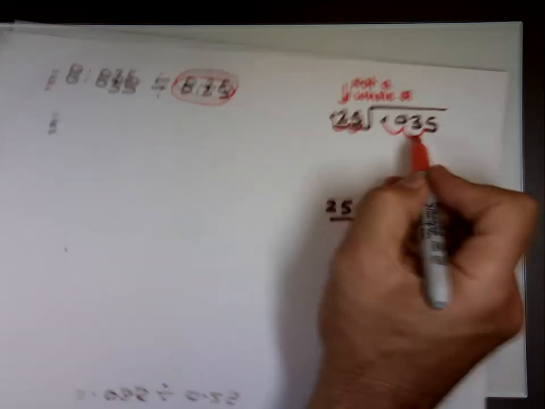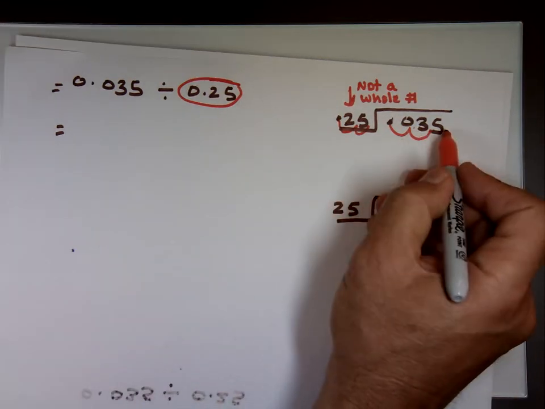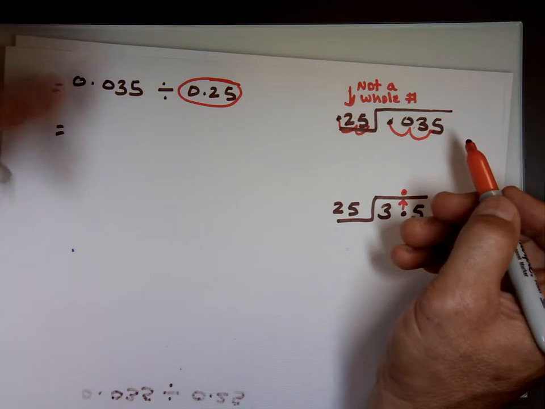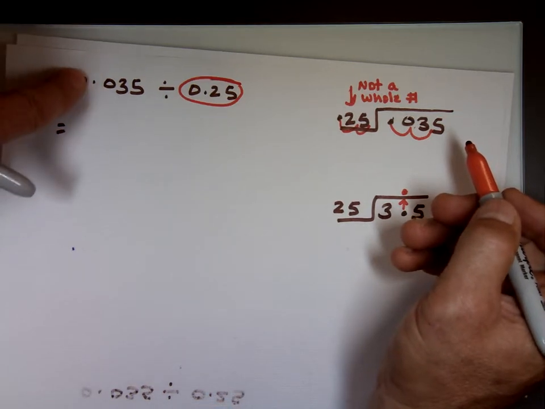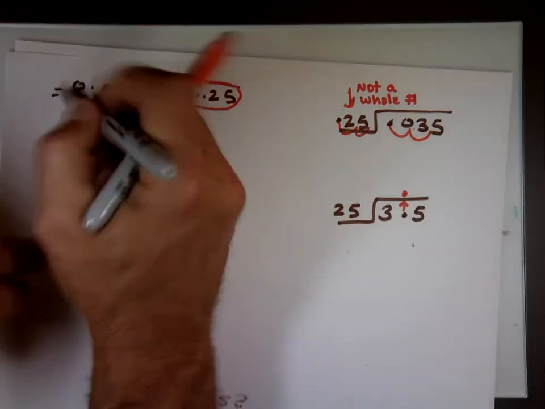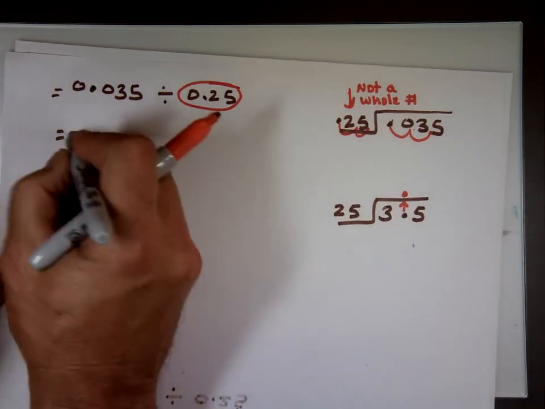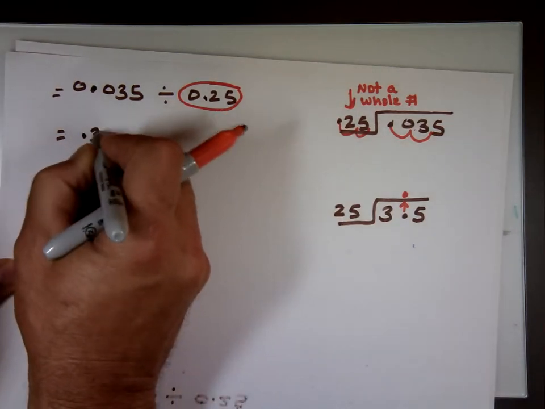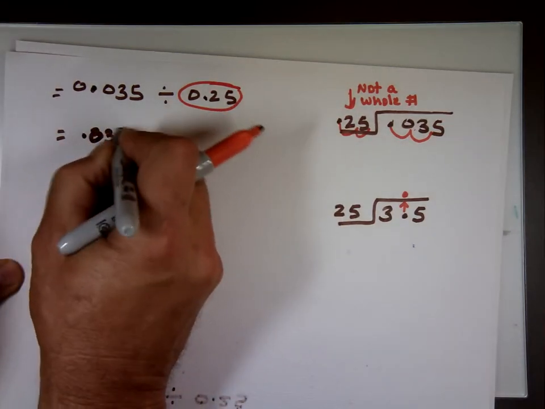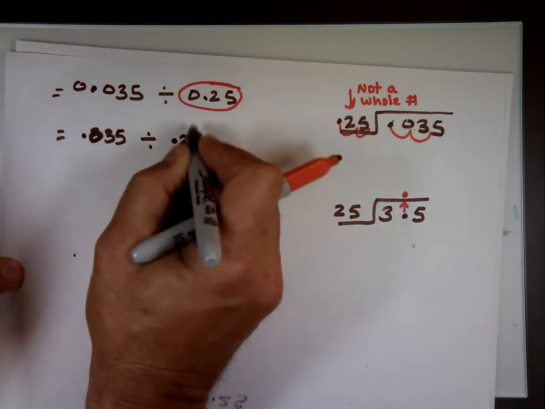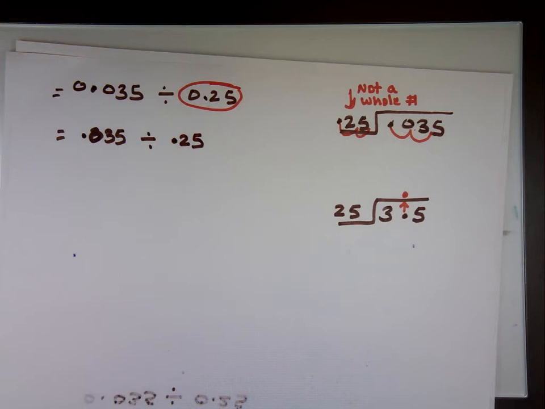That's why the decimal point is right here. If I didn't count it, the decimal point would be right there. So why is it that when you are writing, you didn't bring the 0, 3.5? This 0 is useless, the one in the front of the decimal point. You don't need it because you can write that 0.035 divided by 0.25. So a leading 0 in front of the decimal point has no significance.